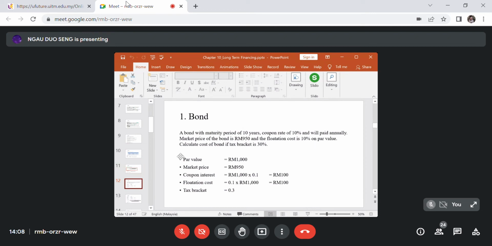Then calculate the cost of bond, tax bracket 30%. In this question, there is no mention of par value, so we will assume par value is 1,000.